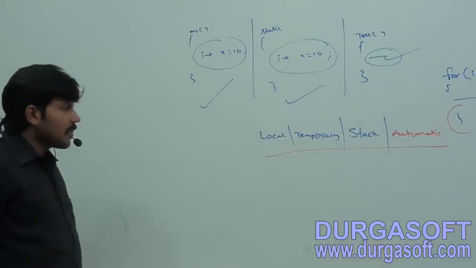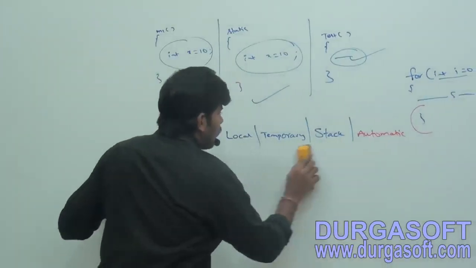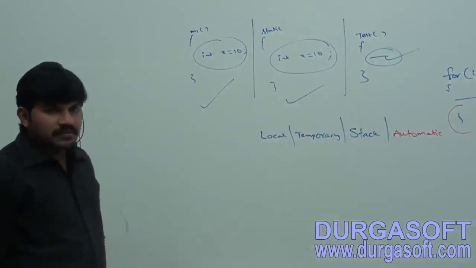Such type of variables are called local variables or temporary variables.